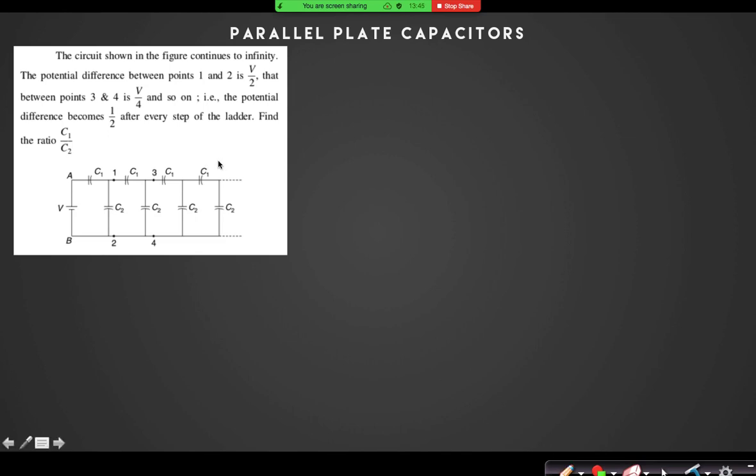So what we can understand is that suppose the equivalent capacitance of this entire circuit is C, then can I say that V is equal to total charge by C, right?